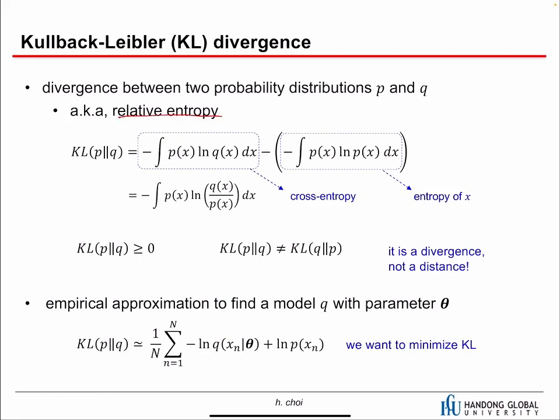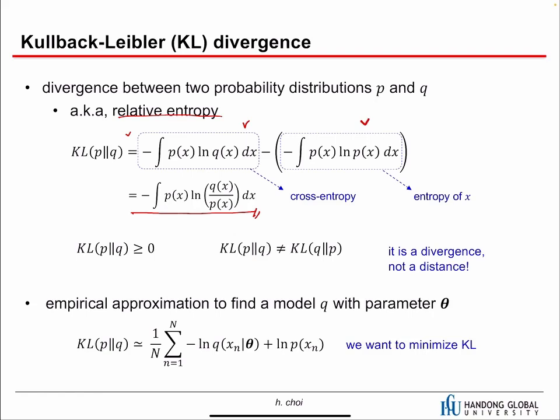It is defined by this term or this term. If we decompose this KL divergence, we have cross entropy as the first term, and the second term is the entropy of X.